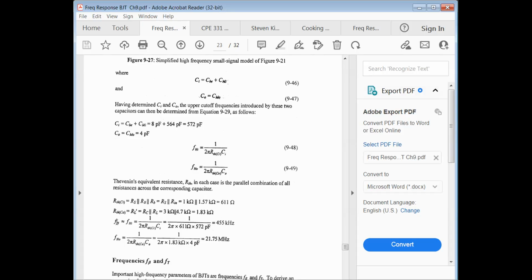Our high frequency pole due to your Miller input capacitance, we put the numbers in, we get 455 kilohertz. And your high frequency pole due to your output capacitance is 21.75 megahertz. So our upper bandwidth then is 455 kilohertz. This pole occurs first in frequency. This one appears higher in frequency.